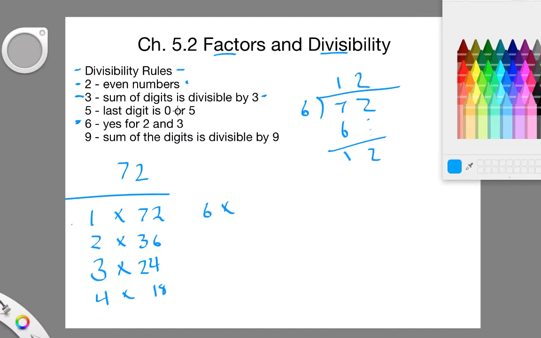We did this on our last problem, so we know that that works. 6 times 12. Does 7 go into 72? 7 times 10 is 70, so no. Does 8 go into 72? Is it 8 times 9? And since we've already used 9, that means that we don't need to find any more numbers.